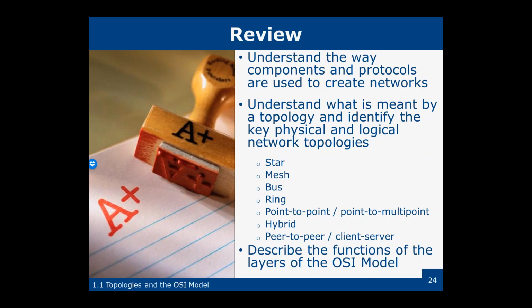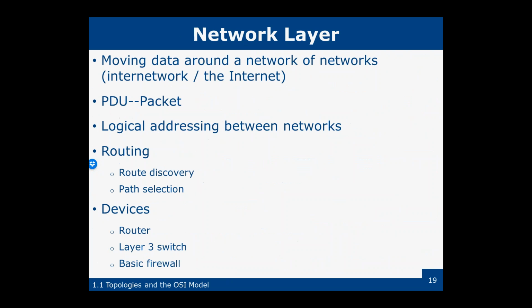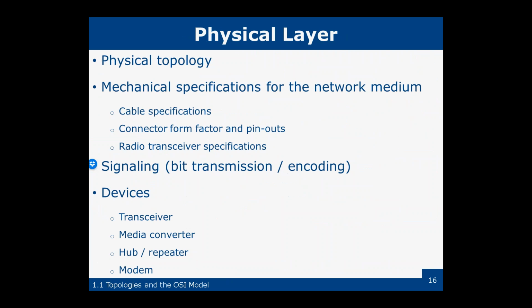Which two OSI layers define how multiple computers can simultaneously use the network media without interfering with each other? And that goes back to the TCP/IP network access layer. So what we do is combine the two lower layers. Let me see if I can get back to that one.